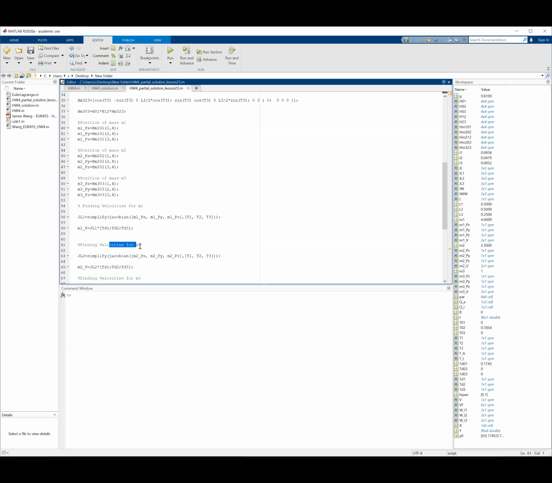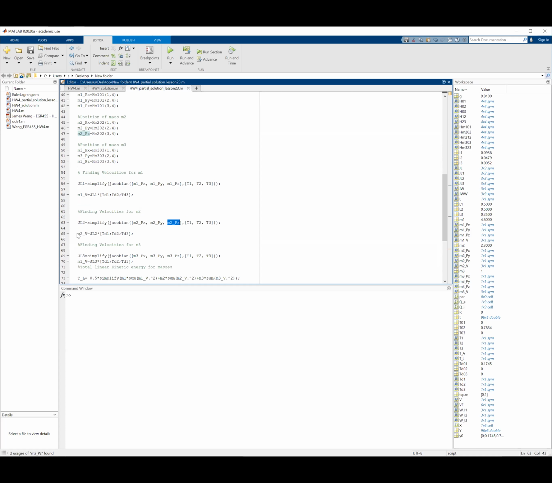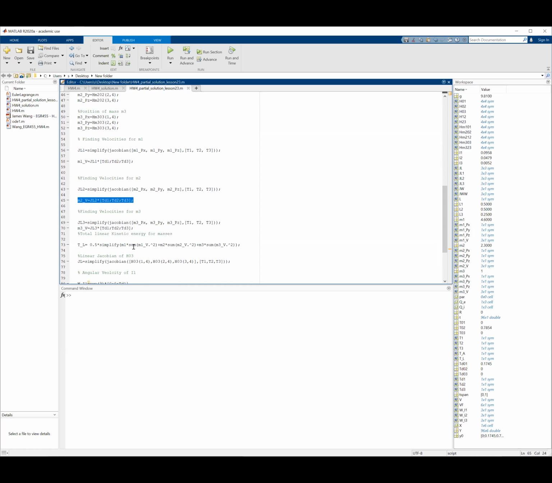Same thing we did for mass m2: I found the Jacobian corresponding to m2 px, py, pz with respect to t1, t2, t3, and then I found the velocity of mass 2. Same thing we did for mass 3.